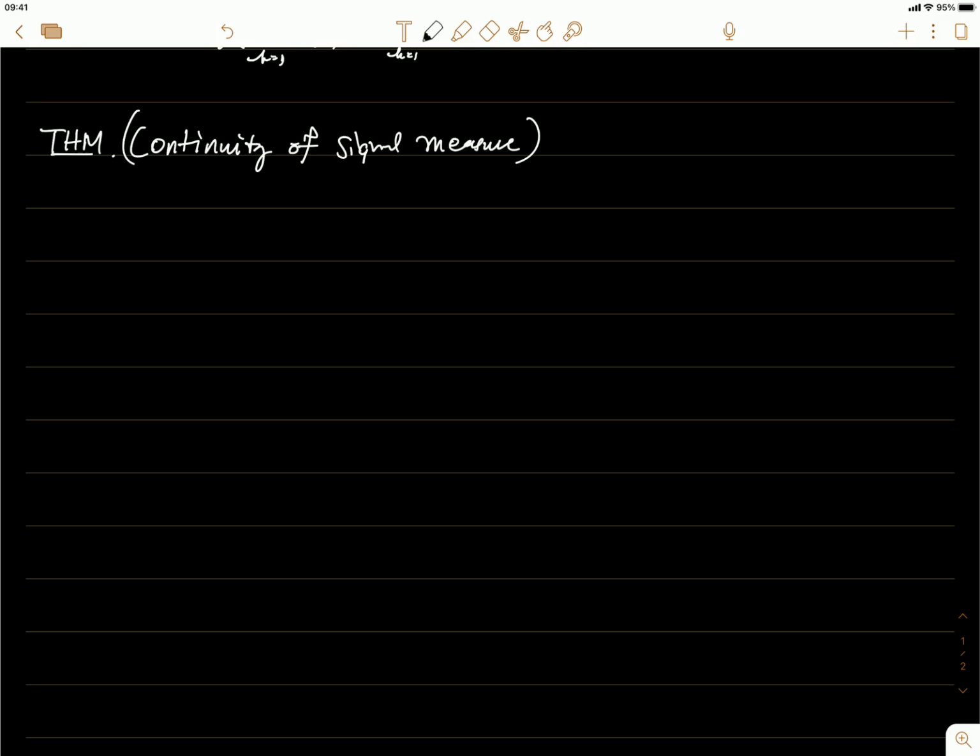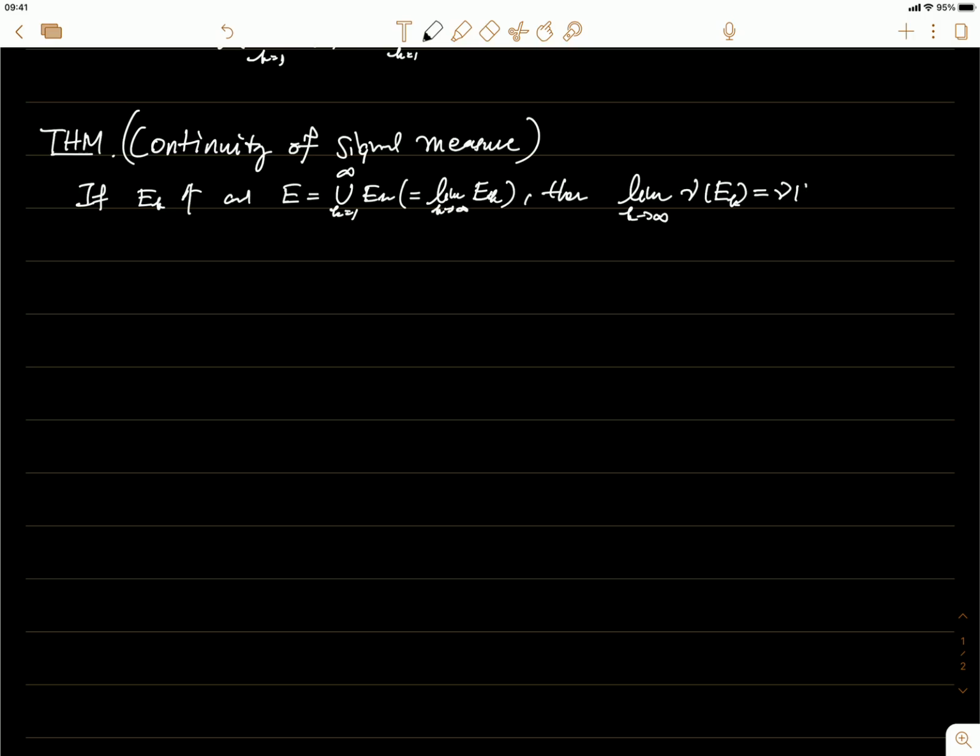What it says is that if E_k is increasing, and E is the limit of the E_k, which is the union of the E_k, we know this is just the limit of those E_k since it's monotone, then the limit of the signed measure also converges to the signed measure of the limit. That's the first item.